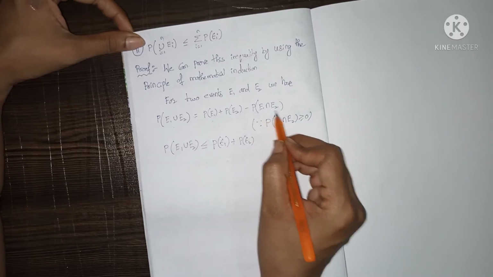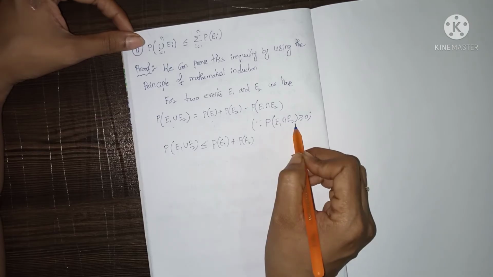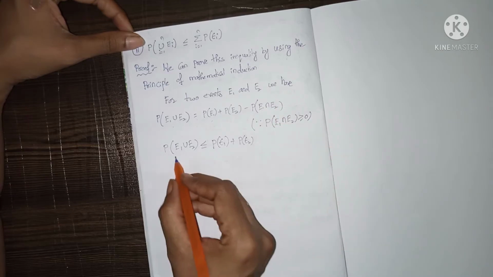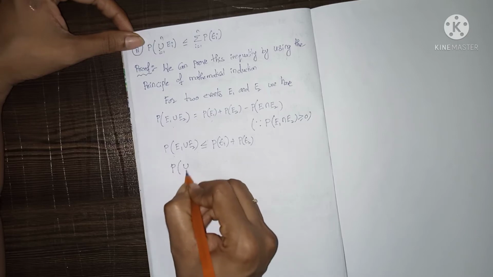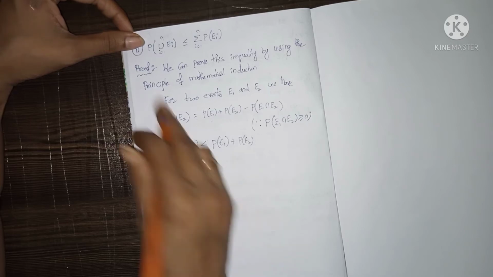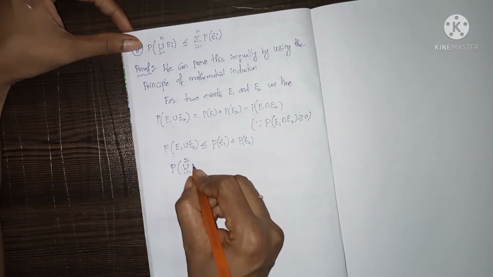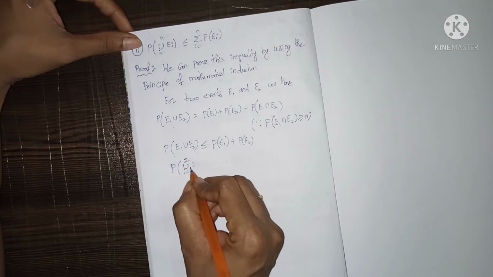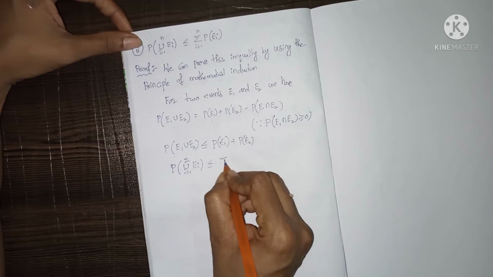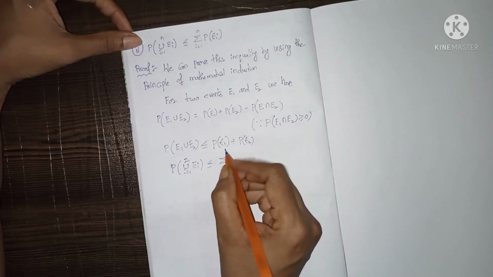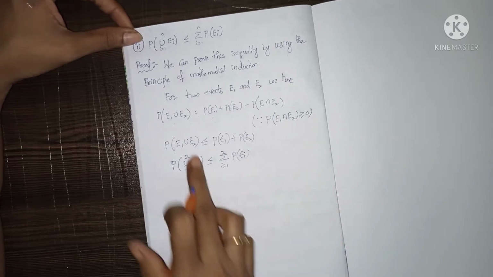This term is 0, so that's why it becomes 0. So now we can write this term P of union i equals 1 to 2, instead of n we write 2, because here we have two events, E_i is less than or equal to summation i equals 1 to 2 P of E_i.